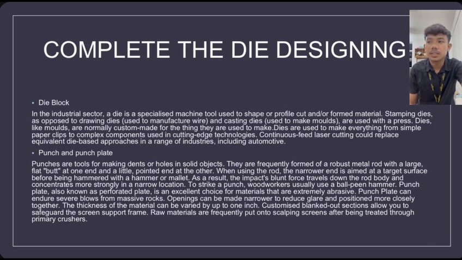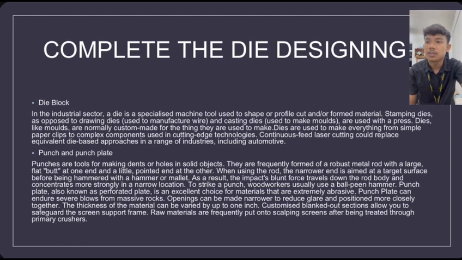Complete the die designing. Die block. In the industrial sector, a die is a specialist machine tool used to shape or profile, cut, and or form material. Stamping dies, as opposed to drawing dies, used to manufacture wire, and casting dies, used to make molds, are used with a press.